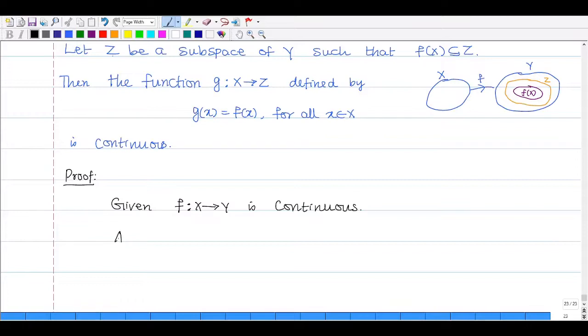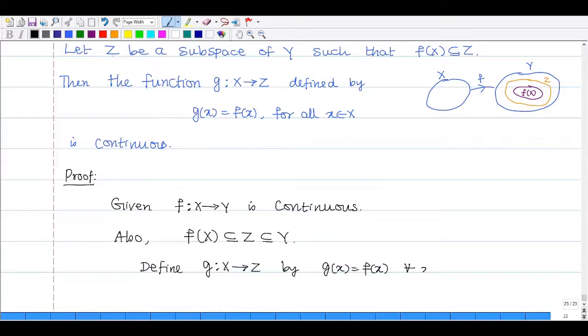Also this f of capital X is contained in your Z and which is contained in your Y. Define g from X to Z by g of x equal to f of x for every x belongs to capital X. Now we need to show that this g is continuous.